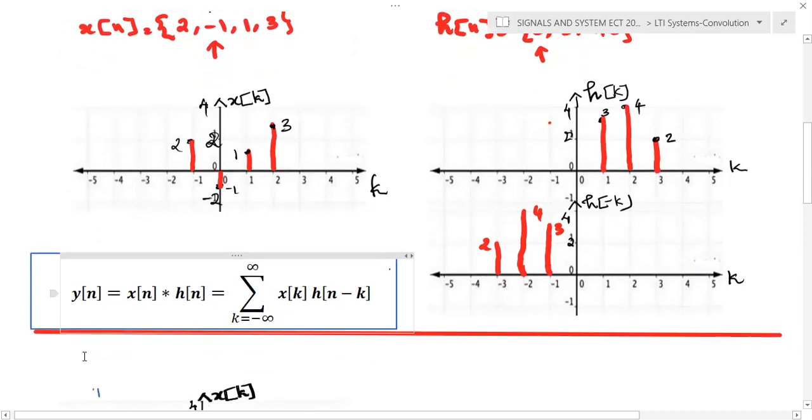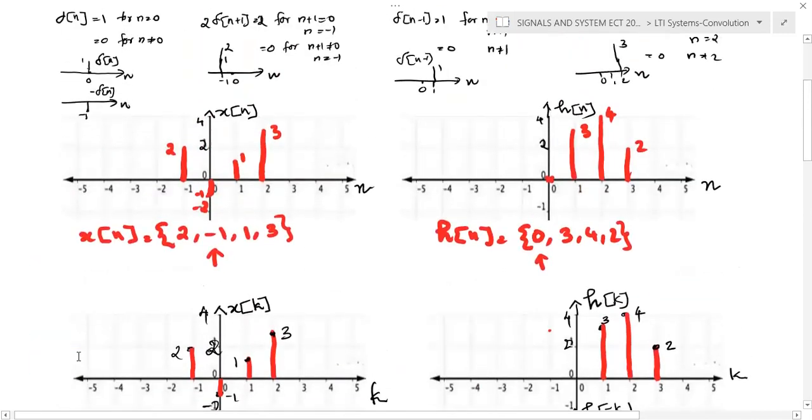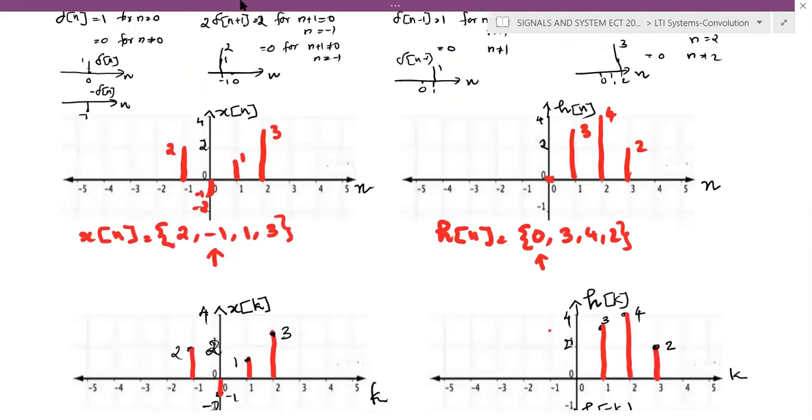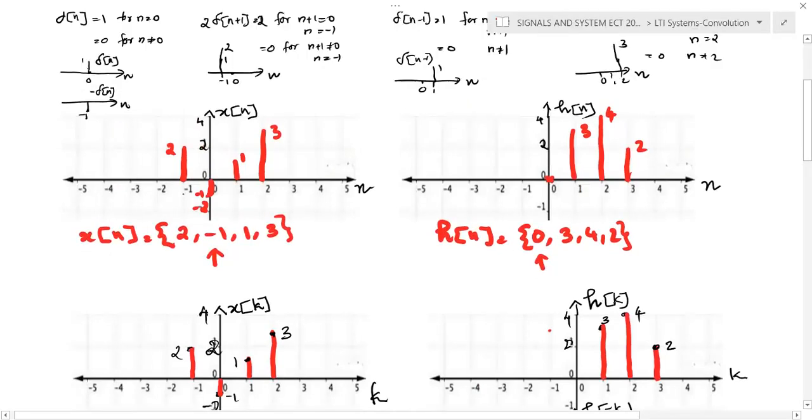And we don't know where to start. So we can find out, if you know the starting point of the first signal, that is n1. So here you can see that n1 is the starting point of the first signal. So x of n starts the non-zero magnitude at -1, and similarly h of n starts the non-zero magnitude at n2, that is 1 here.